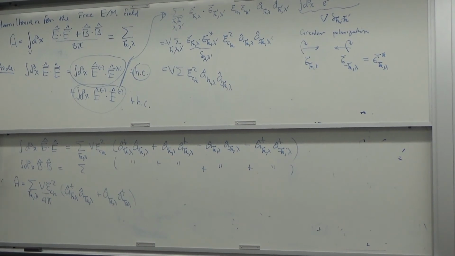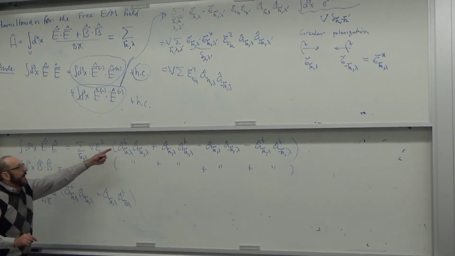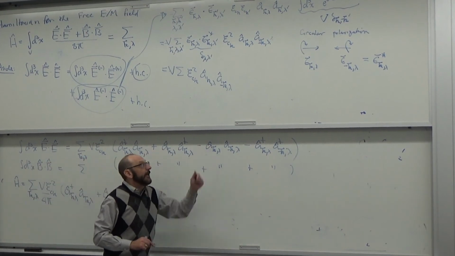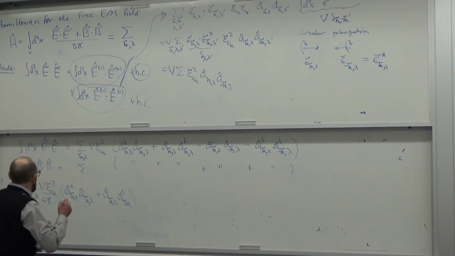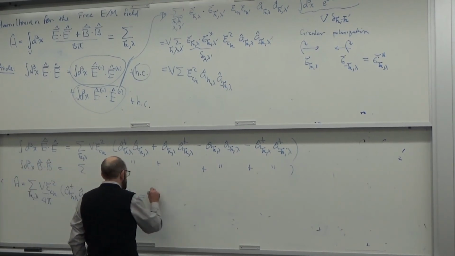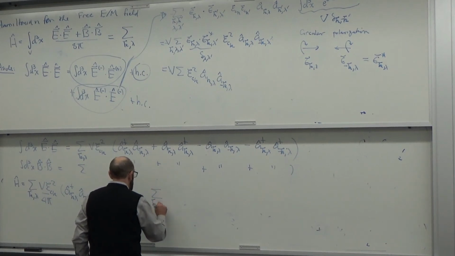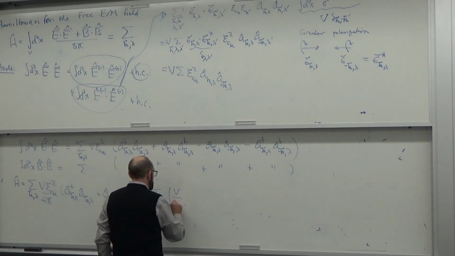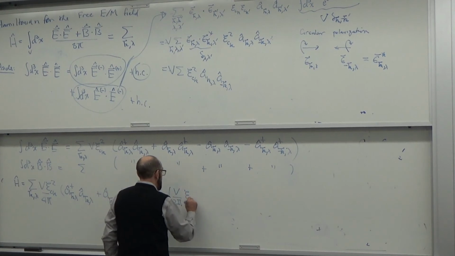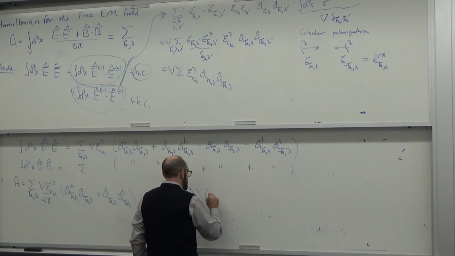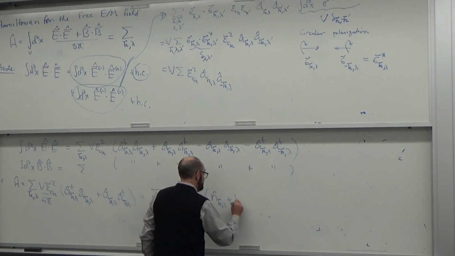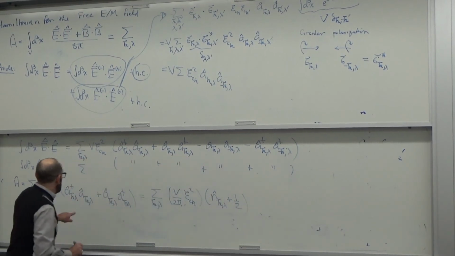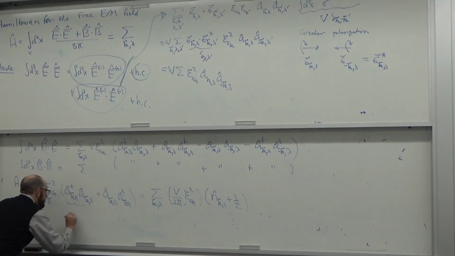I add these together, divide by 8 pi. These two are the same, and these guys cancel. Which is, of course, equal to the sum over k and lambda of V over 2 pi E squared, n plus a half, where n is the number operator.